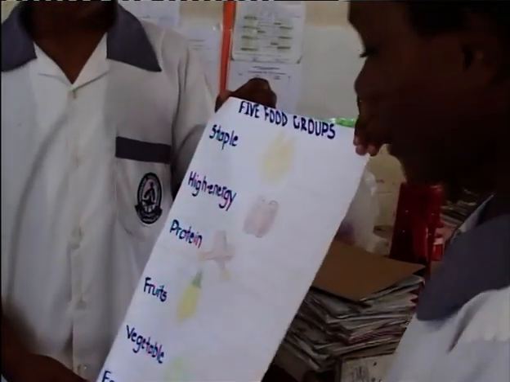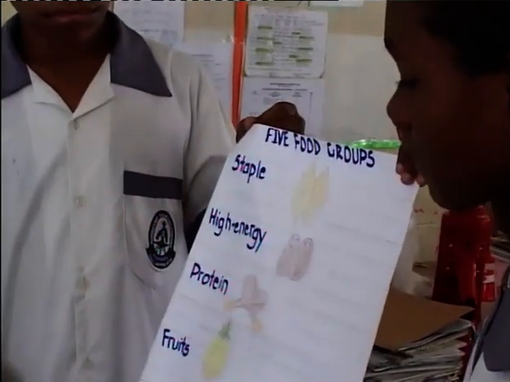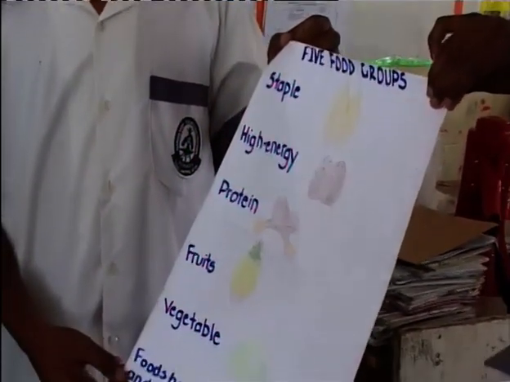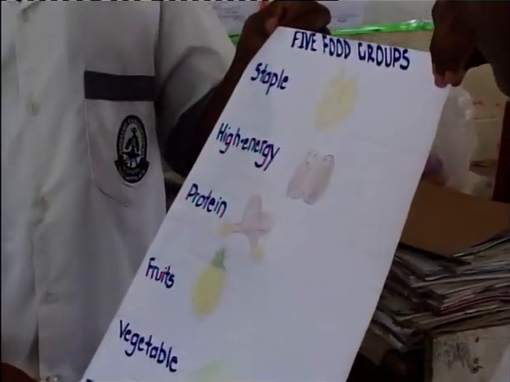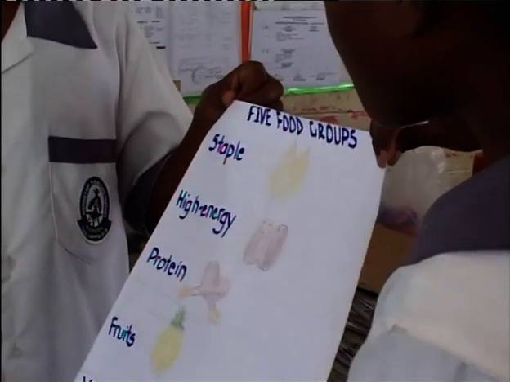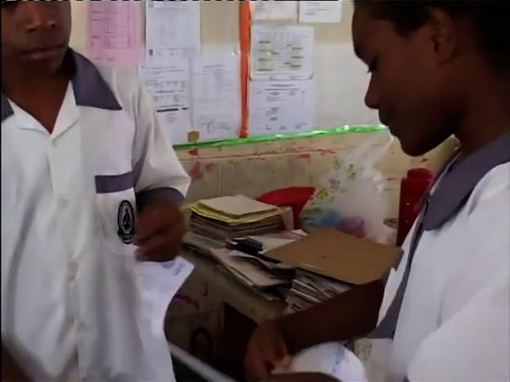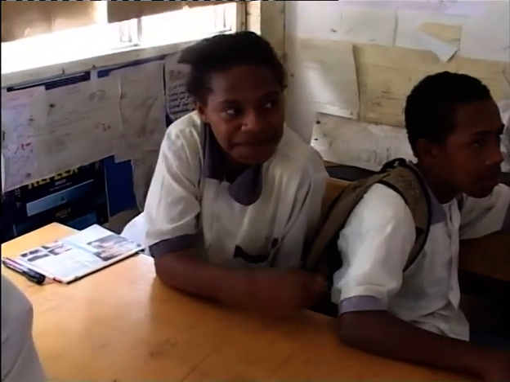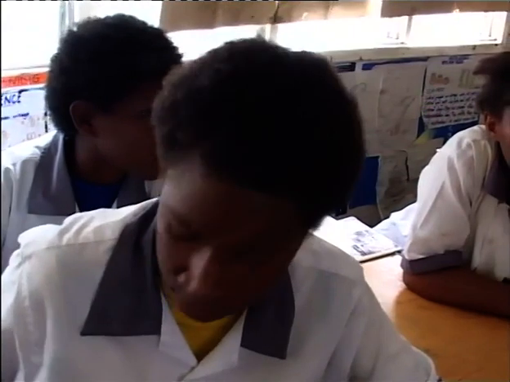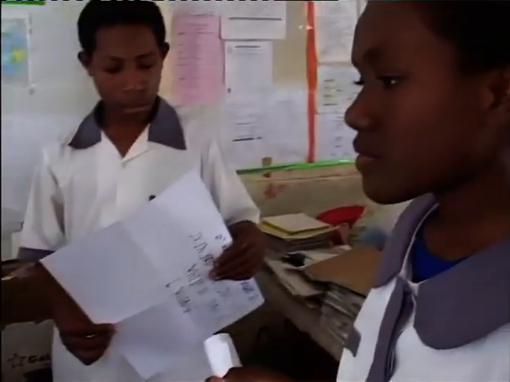Protein and meat you find nutrients inside and protein in there. Now fruits and vegetables have minerals and vitamins inside of this stuff. What is staple food? We talked about it previously.